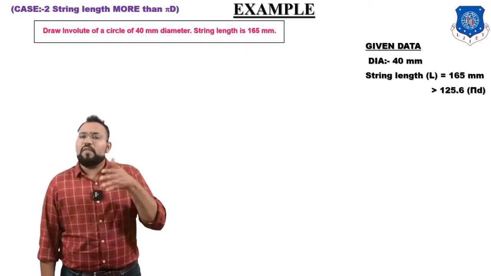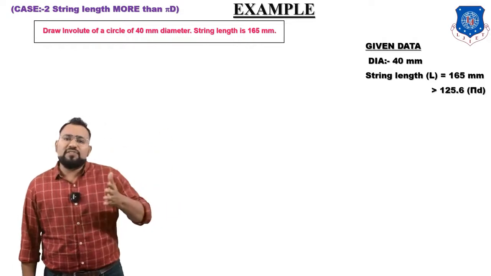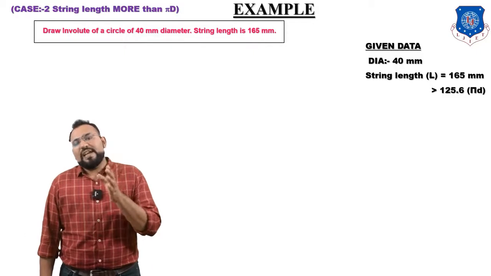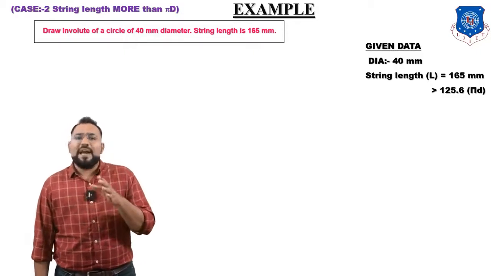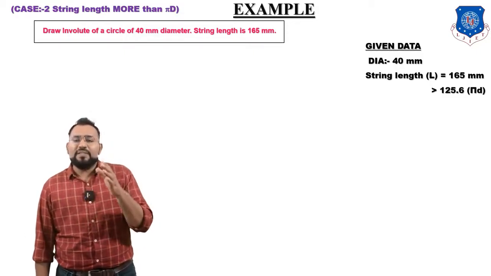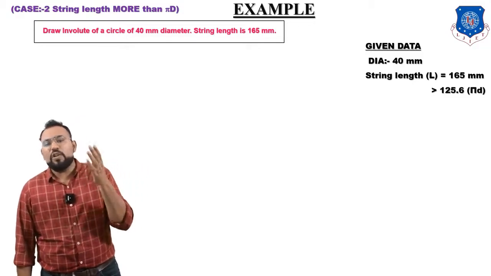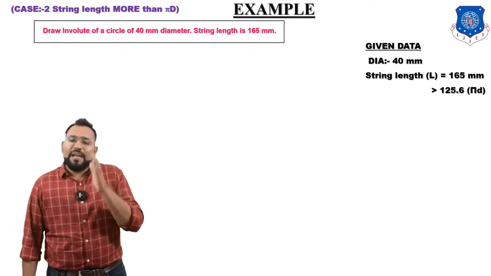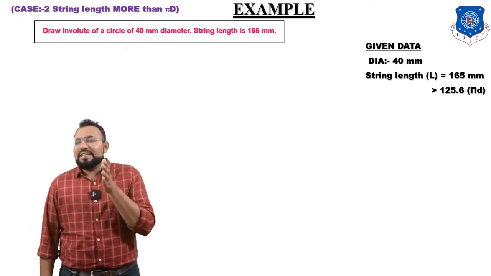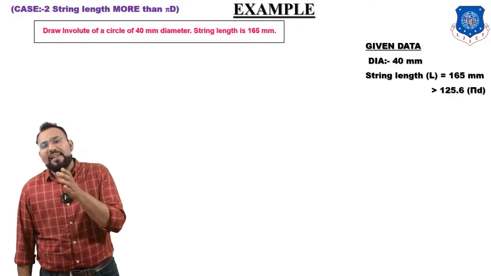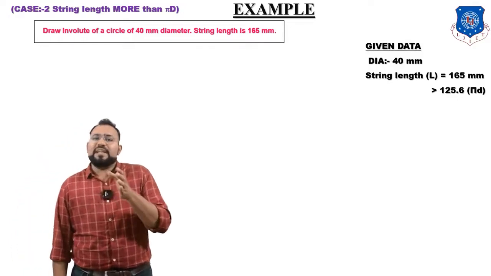But we know what we did in the last video: we take string length L equal to pi d. So pi is 3.14 and diameter d is 40, so 40 multiplied by 3.14 is equal to 125.6. But here the string length L is given as 165 mm. So that's why the string length L, which is 165 mm, is greater than pi d.